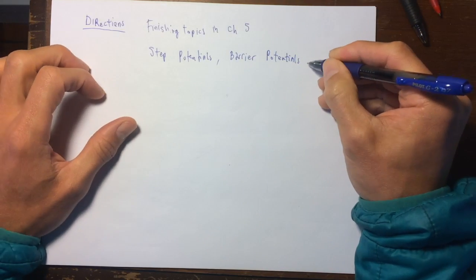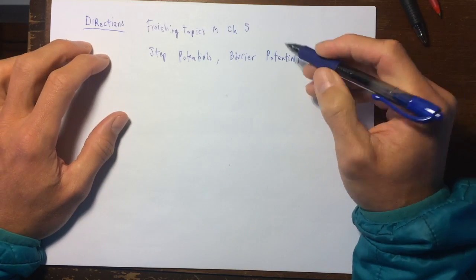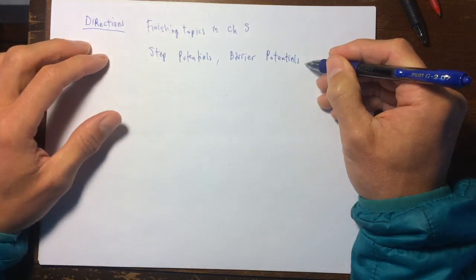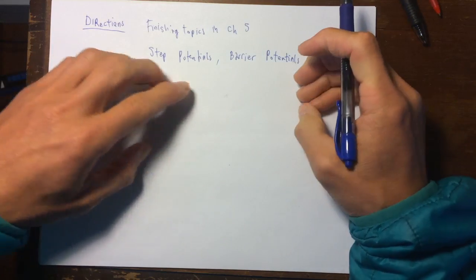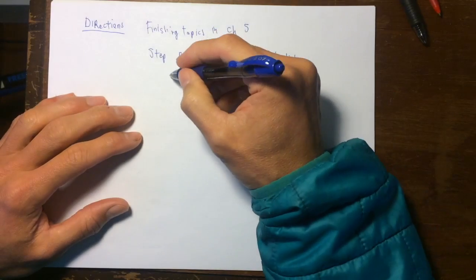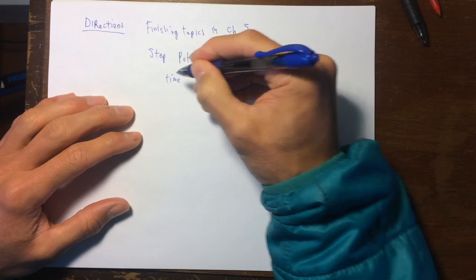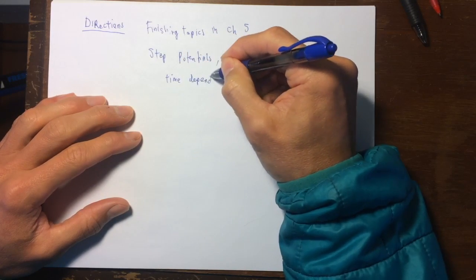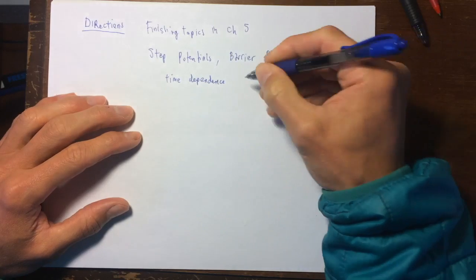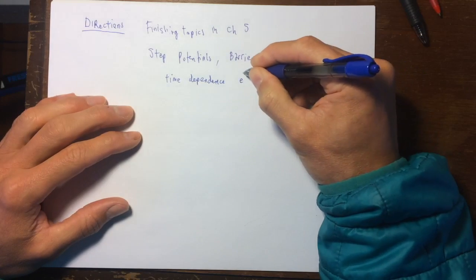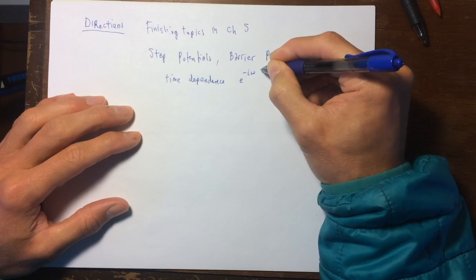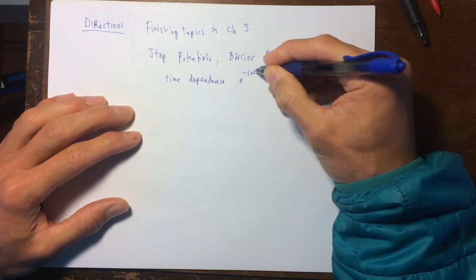And an interesting thing that happens at the end of Chapter 5 in step potentials and barrier potentials is the inclusion of time dependence, where the time dependence just comes with this really weird factor, e to the minus i omega t.